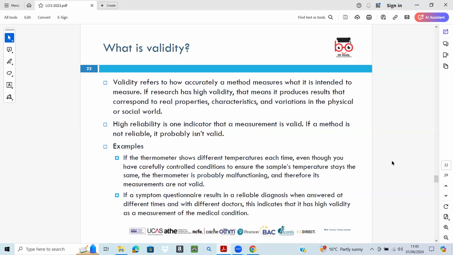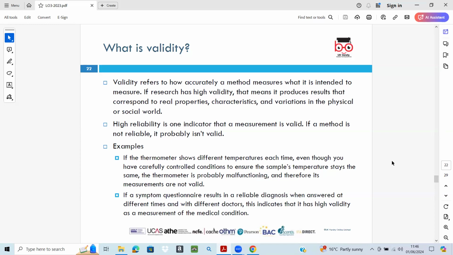Then we have a symptom questionnaire. Okay. So we need to imagine a symptom questionnaire designed to diagnose a specific medical condition. This questionnaire consistently yields the same diagnosis when answered at different times and by different doctors.